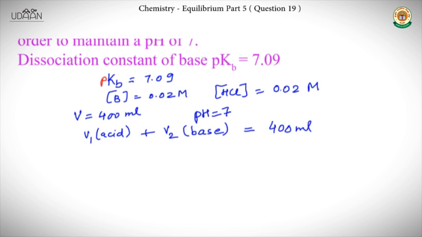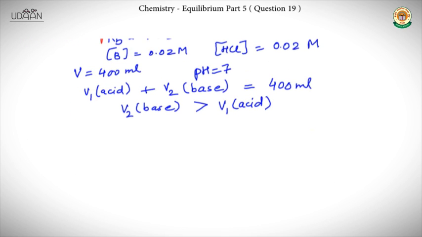Now, what is a basic buffer? It's basically the mixture of a weak base with its salt with a strong acid. But for the buffer action, the volume of the weak base should be greater than the volume of the strong acid, for basic buffers. So when I add the acid and the base, this reaction will take place.